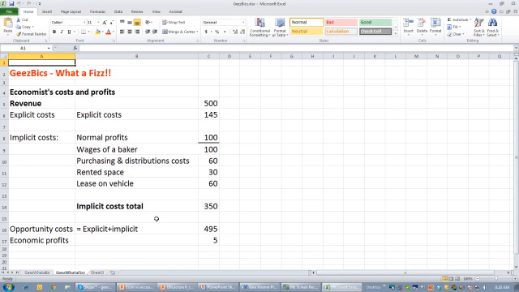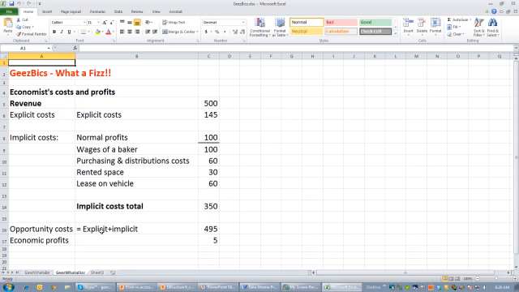So the implicit costs, just going back to the lease of the vehicle, I currently use my own vehicle, but if I'm not driving it, I have to lease one. So implicit cost in total will be $350 when we add up this column here.